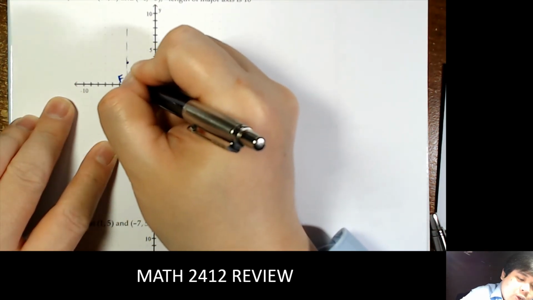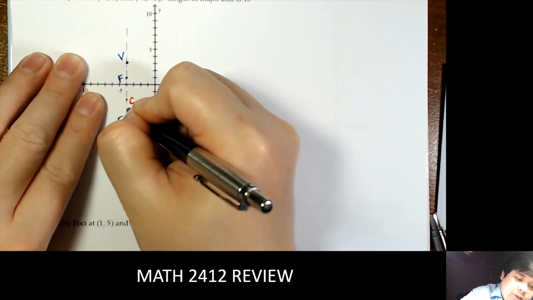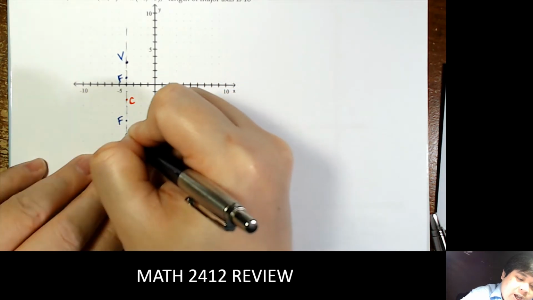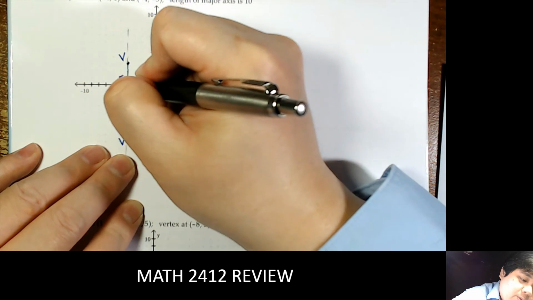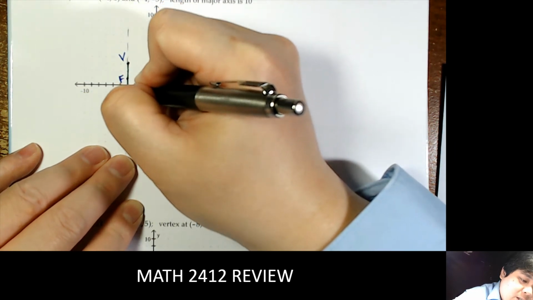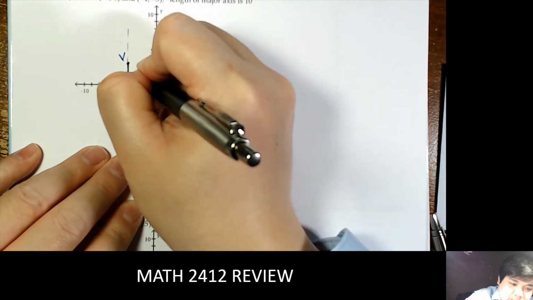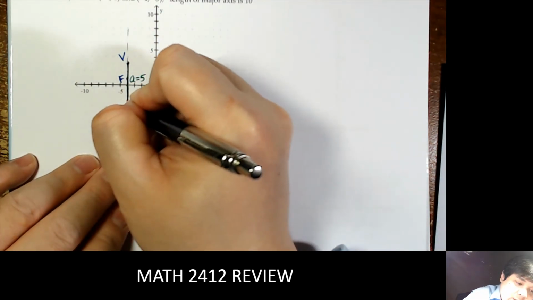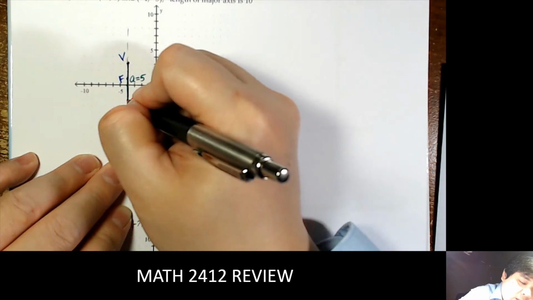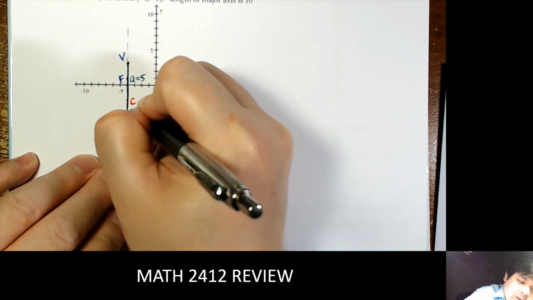So 1, 2, 3, 4, 5 up gives us one vertex, and 1, 2, 3, 4, 5 down gives us another vertex. The distance from the vertex to the center, that is A, is 5. And the distance from the center to the focus, that distance is C, and C is 3.